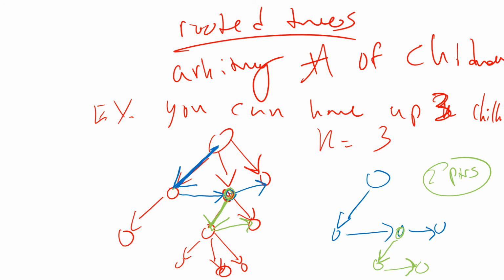Some of them are null, some of them aren't. But instead of saying, oh, let's assume I only have 3, which isn't general, or let's make a big number because I might have a big tree, let's assume I have 10, right? Not general. So you just need left child and then all the siblings.